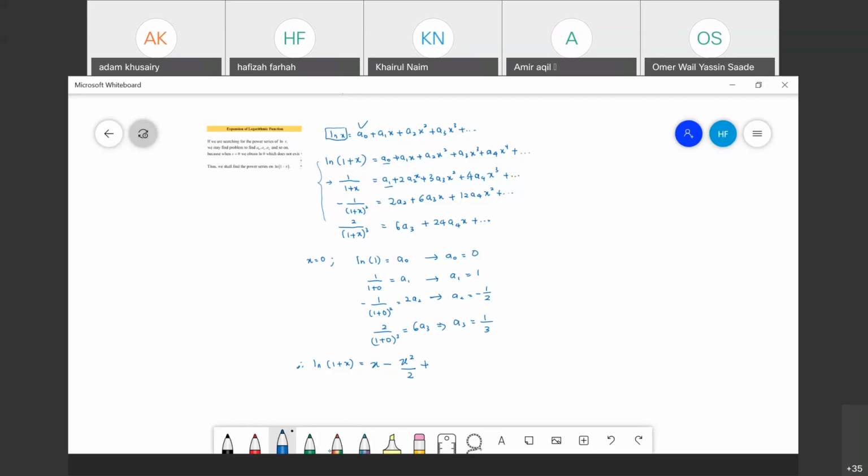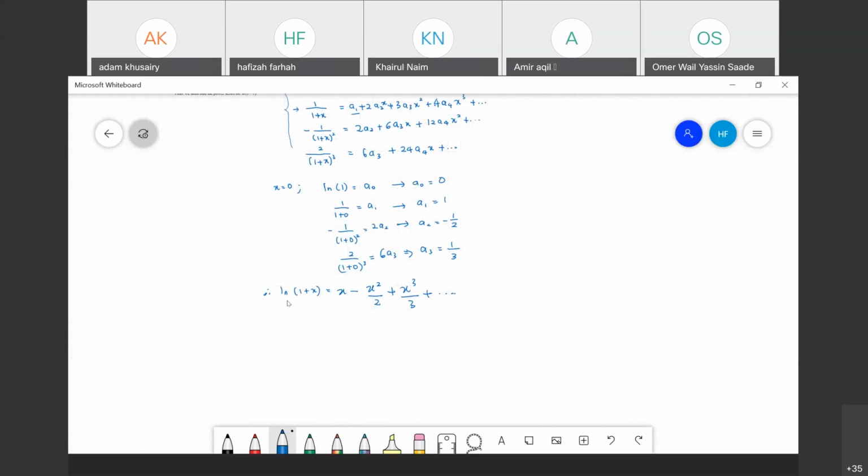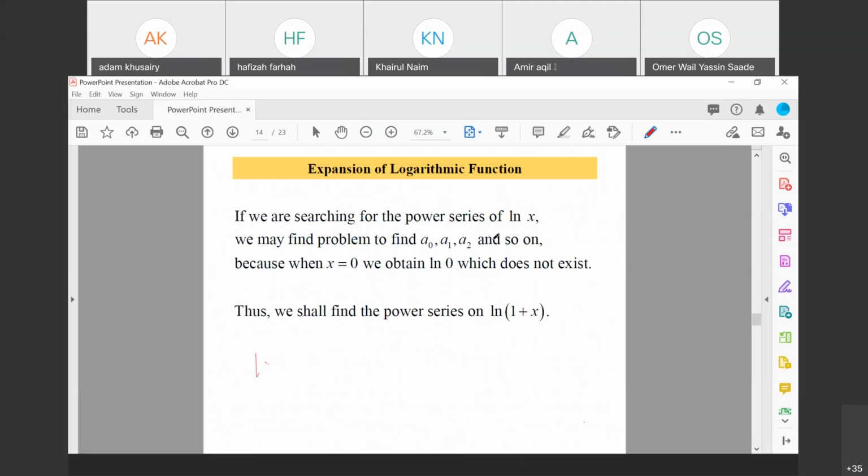Our A3 now becomes x cubed over 3. Okay. So now we already solved how to find the expansion of the logarithmic.